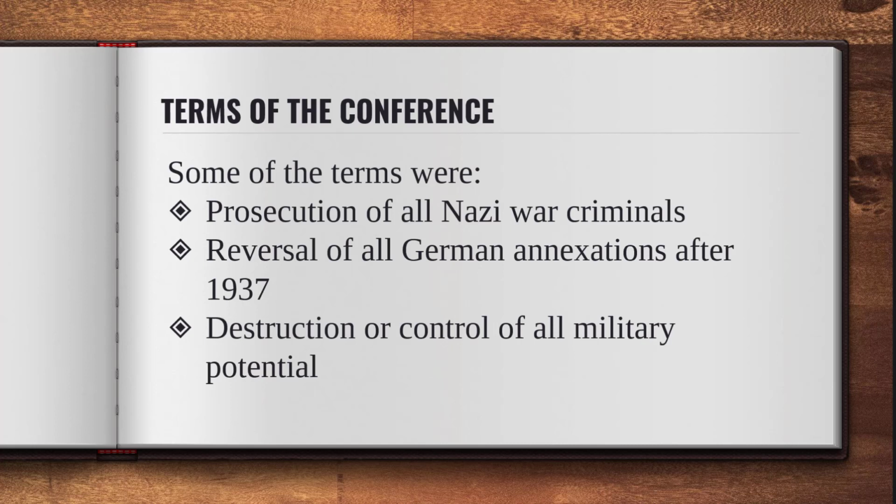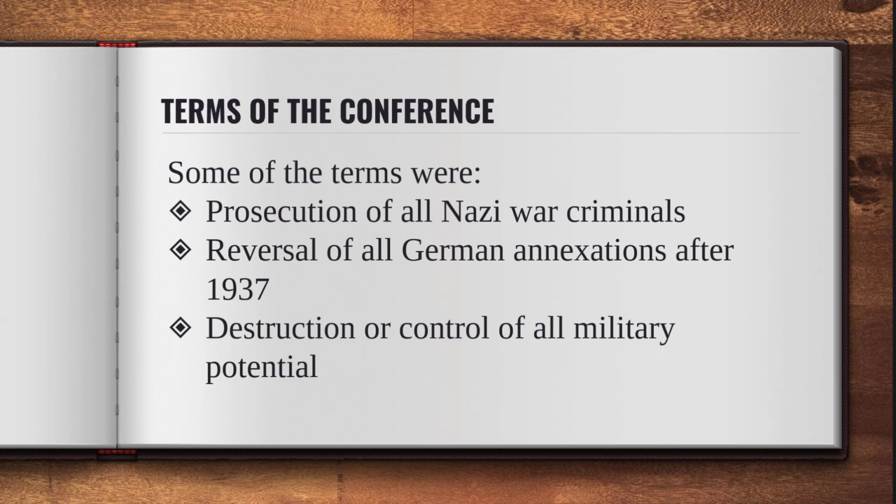And they wanted destruction or control of all military potential. Remember that after World War I, the Treaty of Versailles said they had to reduce the size of their military. But after World War II, if they thought Germany was a brat after World War I, they were absolutely certain that they were criminals after World War II.